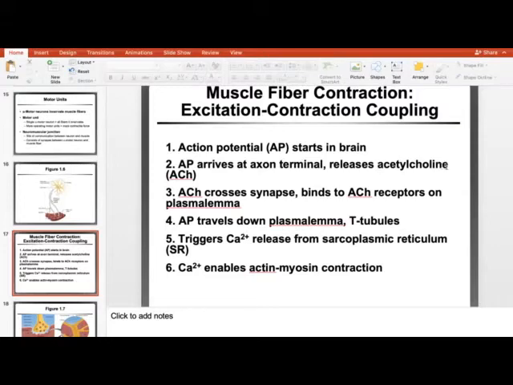Acetylcholine is going to excite the muscle fiber. All right, the acetylcholine is going to cross that neuromuscular synapse, and it's going to bind to acetylcholine receptors on the muscle fiber itself, on the plasmalemma, the outside layer of the muscle fiber. Then that action potential is going to travel down the plasmalemma. It's going to get to the T-tubules, and when it gets to the T-tubules, it's going to trigger a release of calcium.